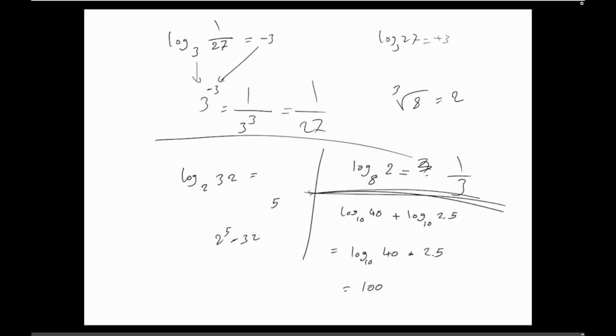So yes, log base 10 of 100. So what do we put over there that makes our 10 as 100? It's 2. So 10 raised to the power 2 is going to make it 100.